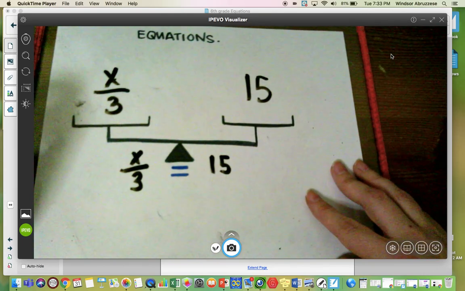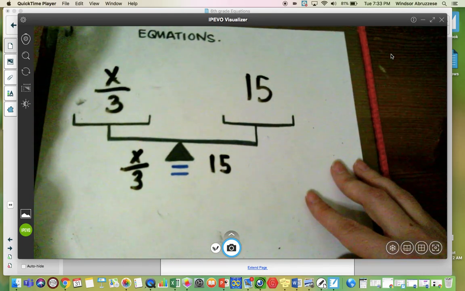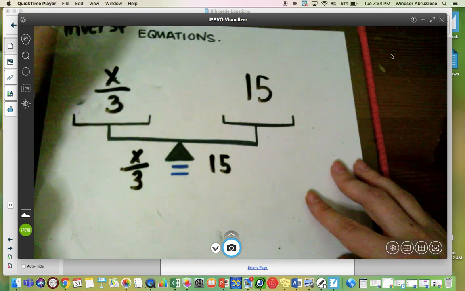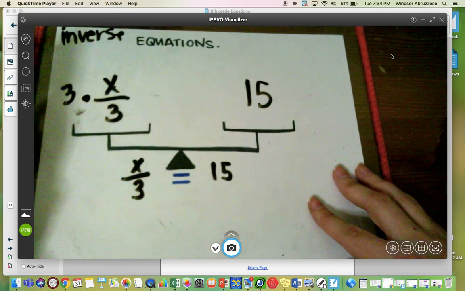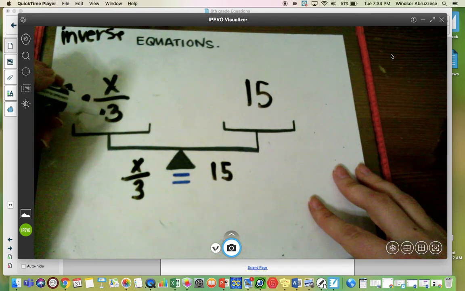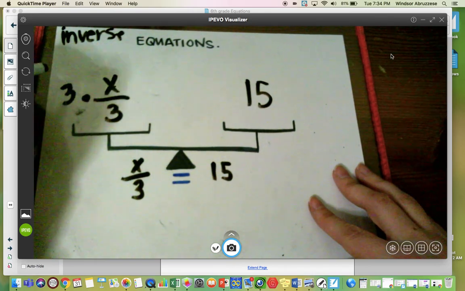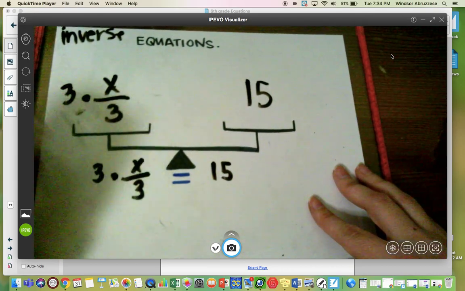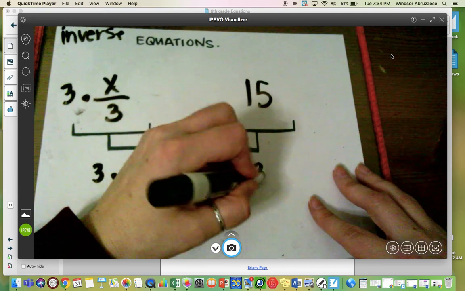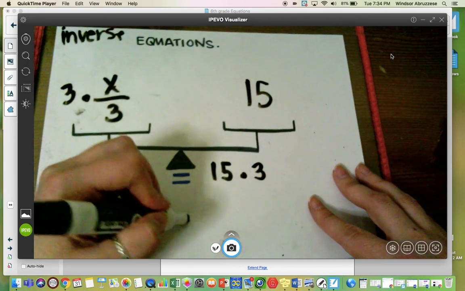Well, this is division. So again, you do the inverse. What's the opposite of divide? Multiply. If I divide by 3, the opposite is to multiply by 3. So if I multiply this side by 3, I have to multiply this side by 3. Okay?